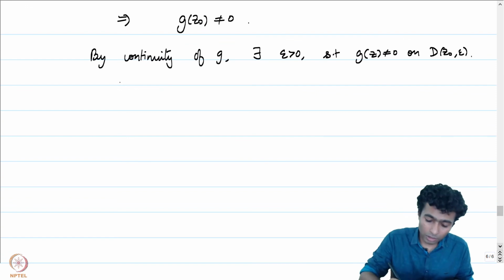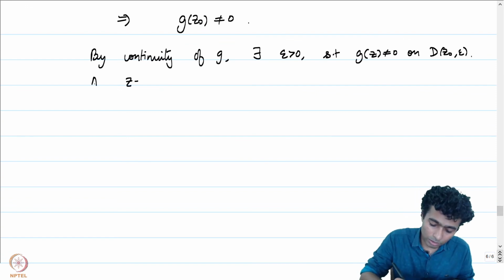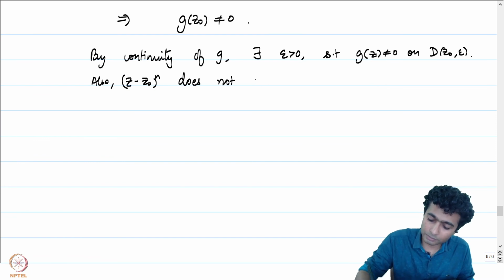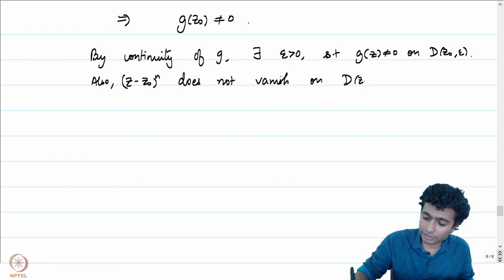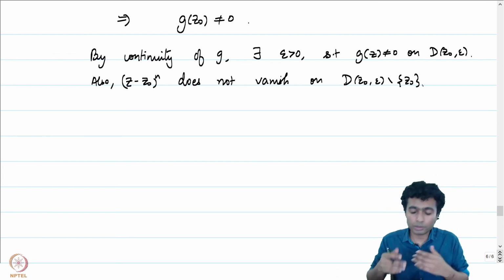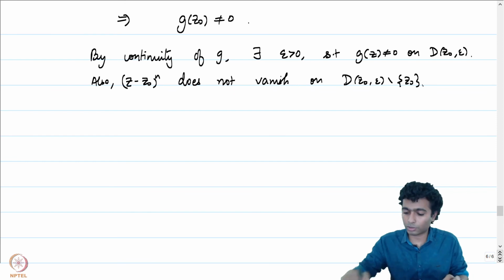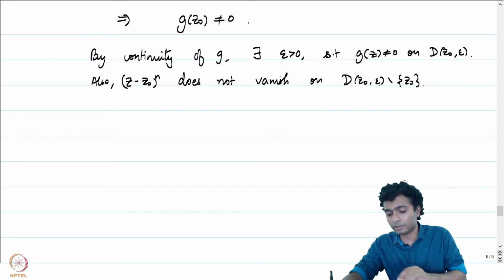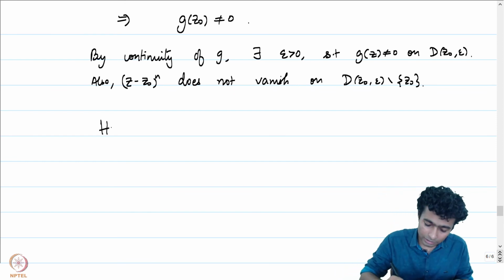Notice that z minus z0 to the power n does not vanish on D(z0, epsilon) minus z0. The only 0 of z minus z0 to the power n is the point z0. So on D(z0, epsilon) minus z0, this does not vanish.